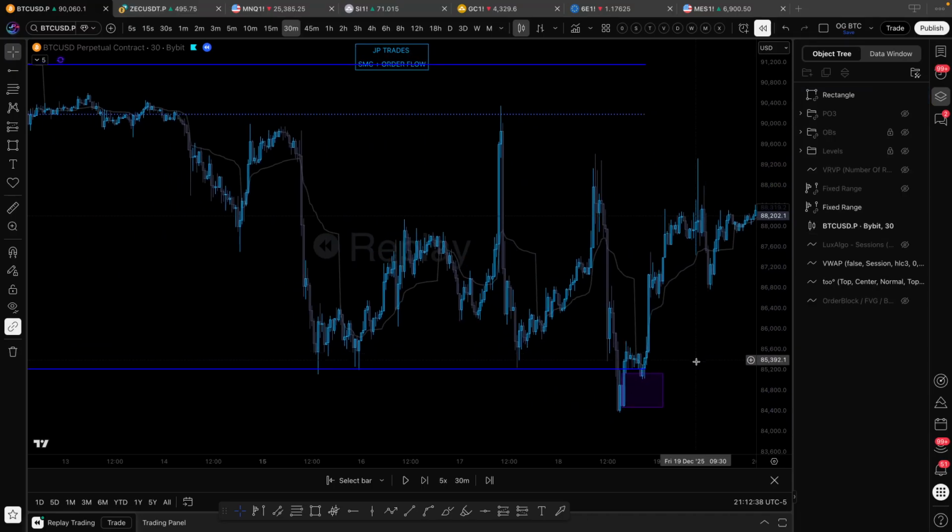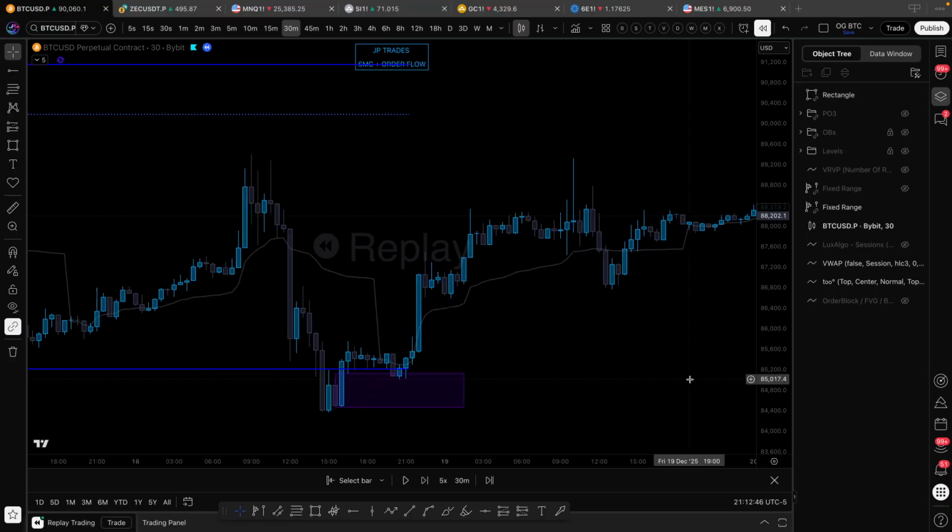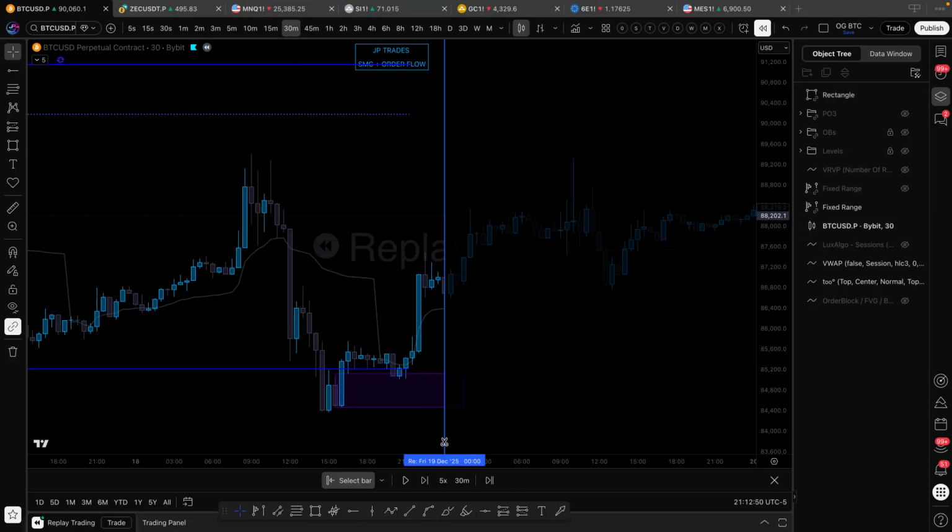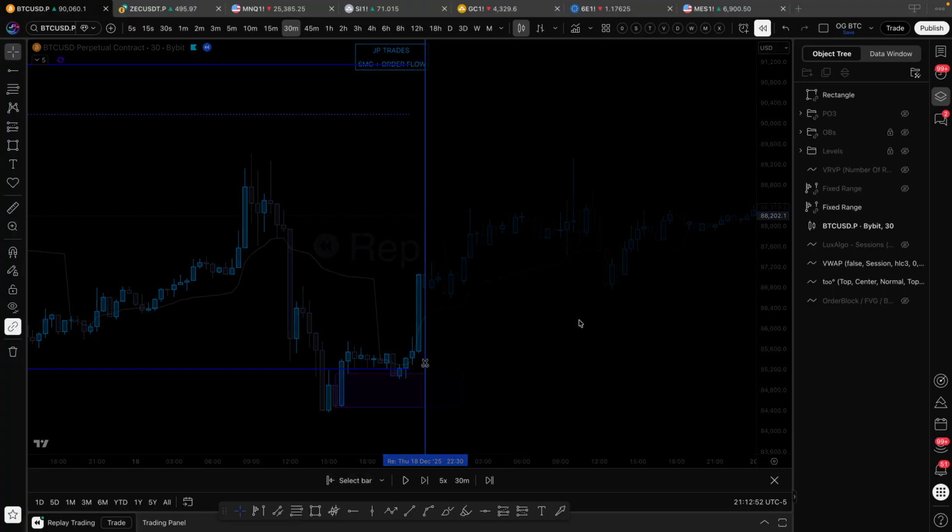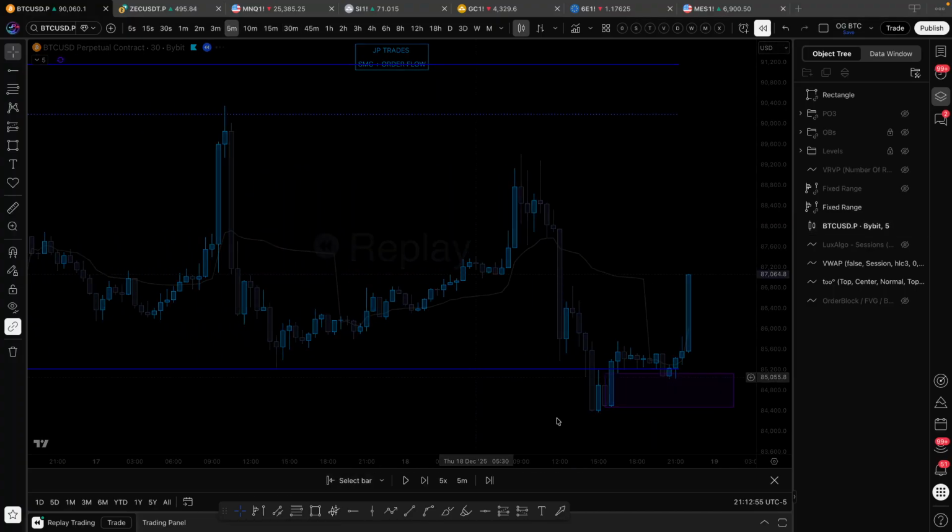But what else was I looking at when I look at power of threes? What else can we look at, as this did not have structure coming into it? Let's chop this back a little bit and let's go down to the 5-minute.